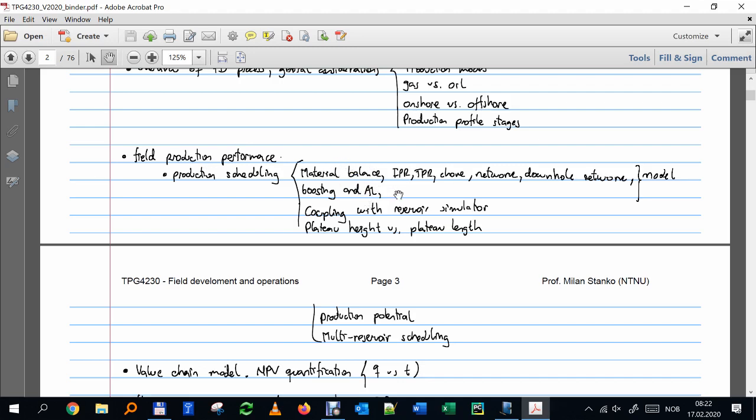We covered what IPR, TPR, choke, and network are. Downhole network is the same as surface network, but inside the well. Now the part which is missing is boosting and artificial lift. We are going to have some discussion on that.